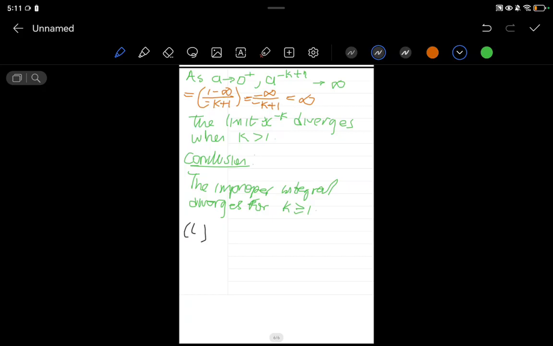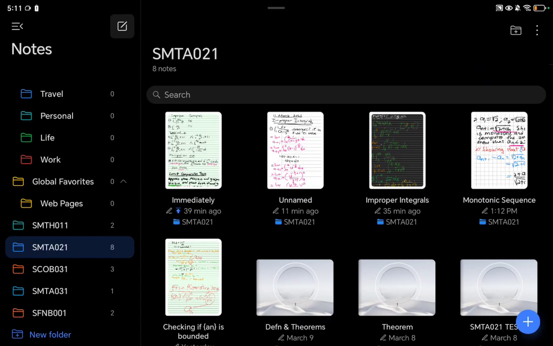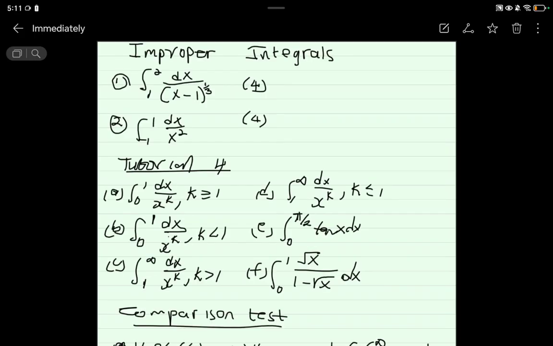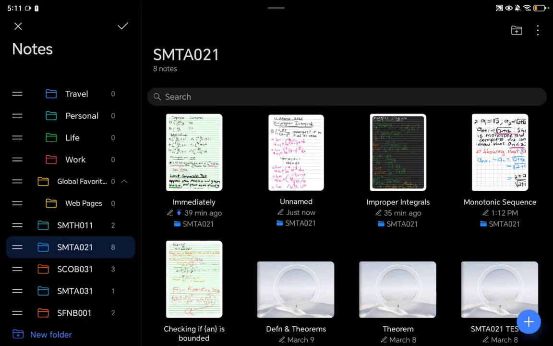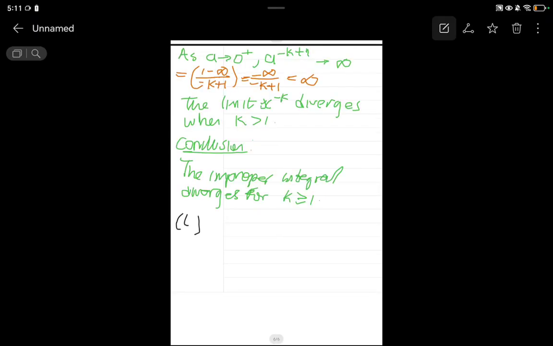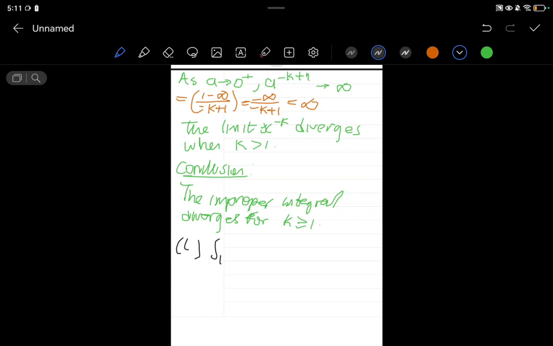What was C saying? C was saying the integral from 1 to infinity of x to the minus k dx, as k approaches 1.